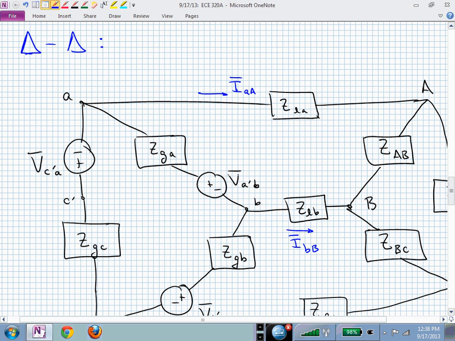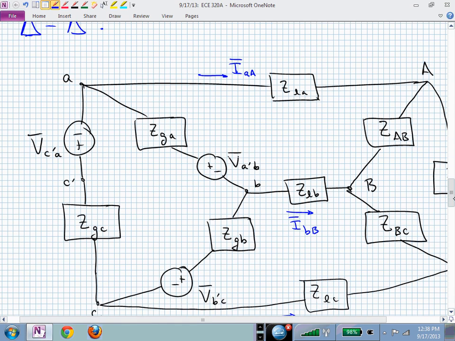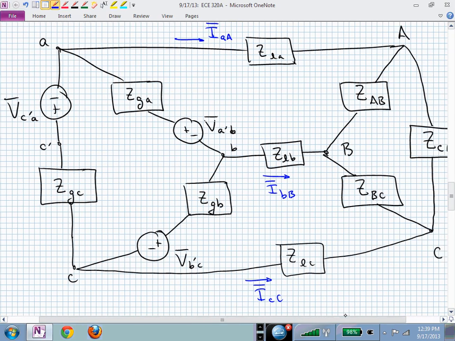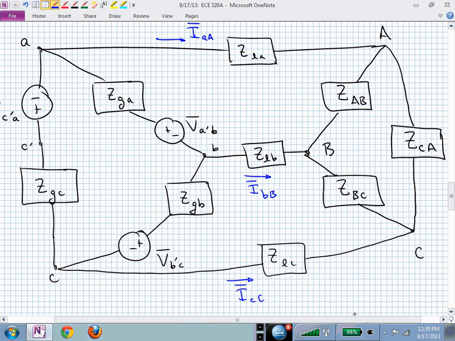Here's a delta-delta configuration. Maybe it's not that easy to get on the full screen, but I hope you can see that the source or the generator side is again a delta. The load now is a delta. If these transmission lines actually didn't have any impedances, it wouldn't be too hard to find the currents in your loads, would it?